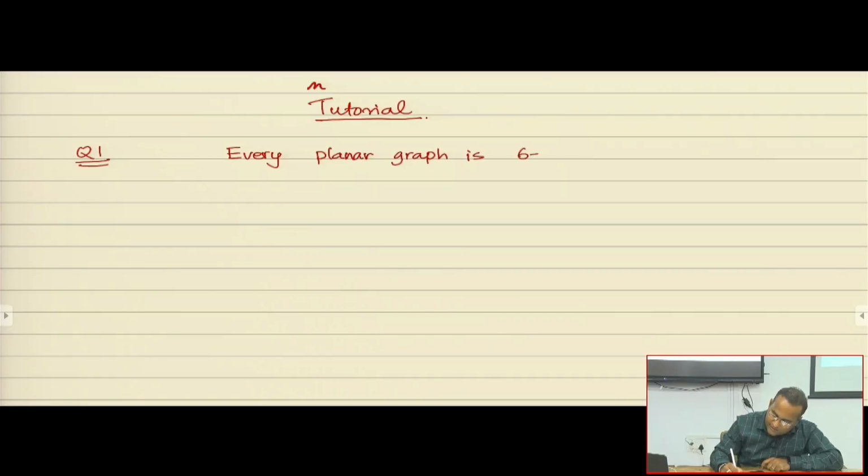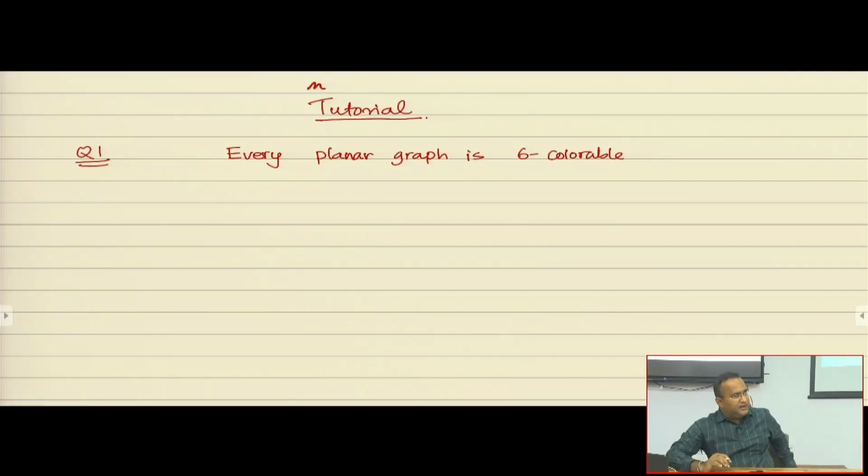It is already written: using greedy coloring, show that every planar graph is 6 colorable. It's trivial, right? Every planar graph is 6 colorable, right?